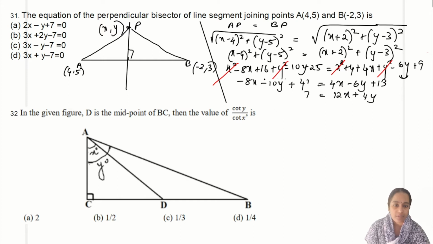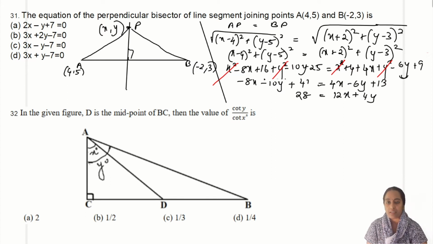When I bring 13 to the left hand side, it's going to be 41 minus 13. What is 41 minus 13, children? It's going to be 28. So now I have 12x plus 4y equal to 28.